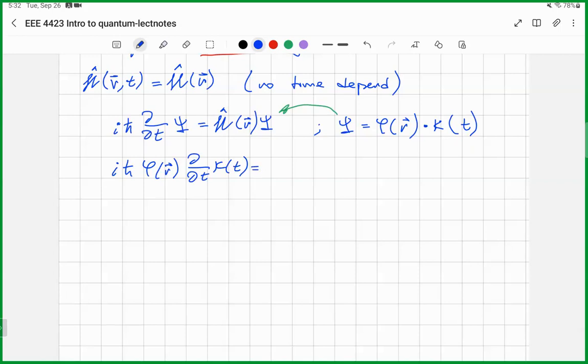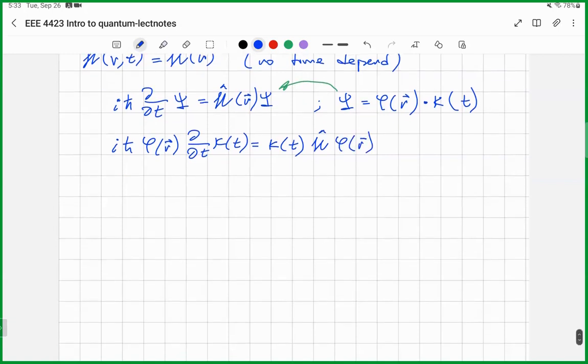The Hamiltonian operator can be very different, but now it doesn't depend on time, which means that it acts only on the spatial component of the psi state. So now we can take this kappa, which is a function of time only, and our h now acts on phi. Now I can multiply both parts by 1 over kappa phi.